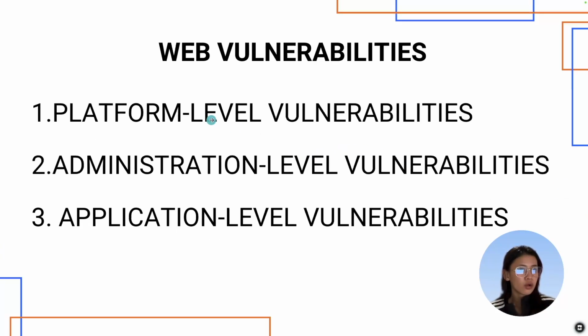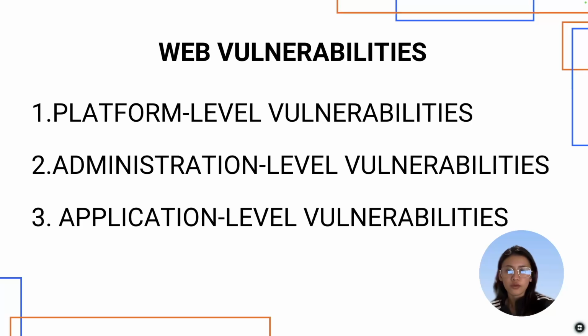And for common web vulnerabilities, we have to understand them because this is the first step towards securing our web applications. Here, the OWASP, or the Open Web Application Security Project, has its list to highlight the most critical web application security risks.